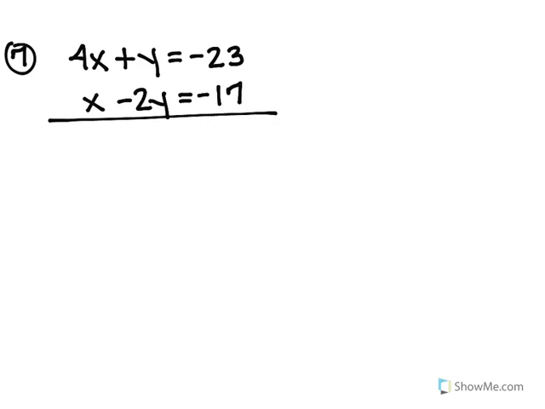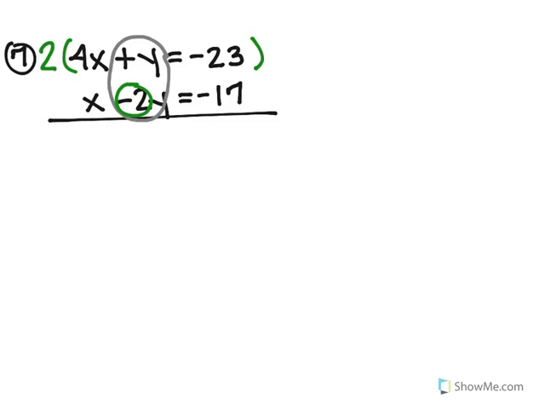So again, you want to eliminate one of your variables, either x or y. I'm going to eliminate the y's because they're already opposite signs. So if I do that, all I need to do is multiply the top one by positive 2 because I already have negative 2 on the bottom.